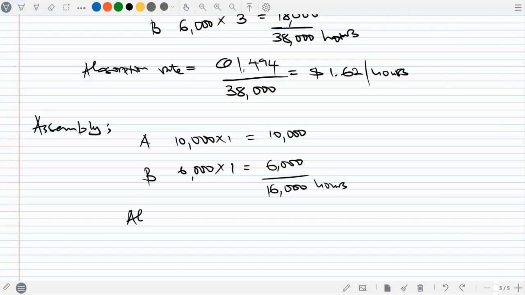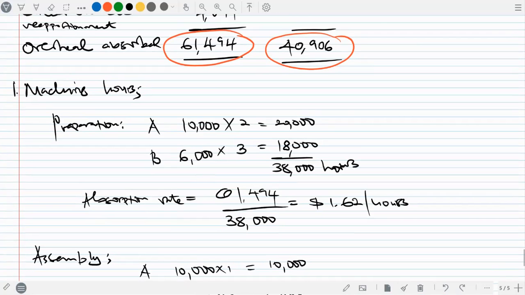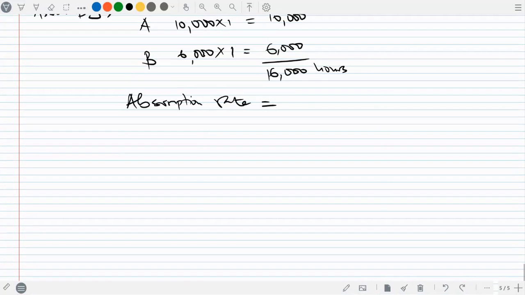Therefore, the overhead absorption rate based on the machine hours for the assembly department will be equal to the cost, which is 4,906. We have it here. So 4,906, we divide by the number of hours, which is 16,000 machine hours.